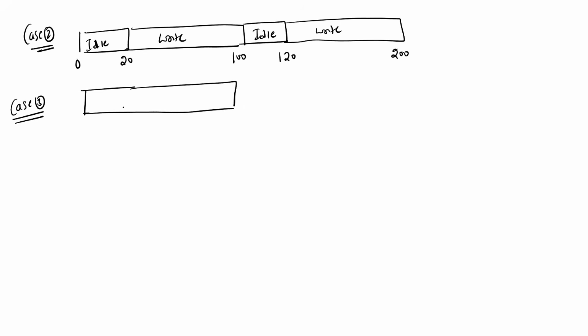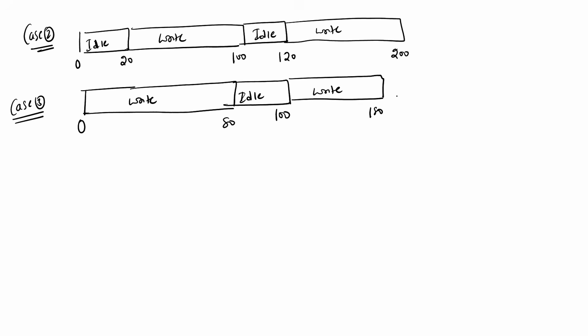So this is 0 to 80. This is a write operation, and next again this is idle, and next here one more write operation. So 80 to 100 and 180, and next here one more idle, 200. Is it fine? Case 3.